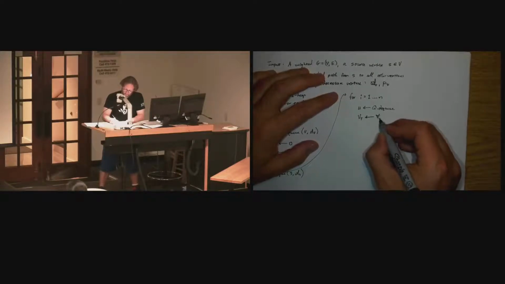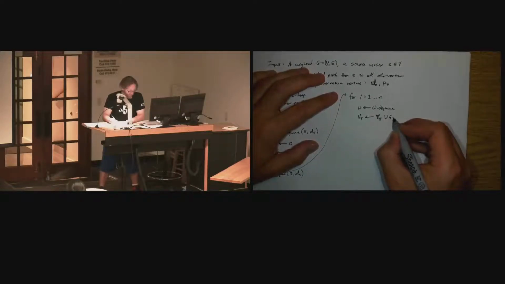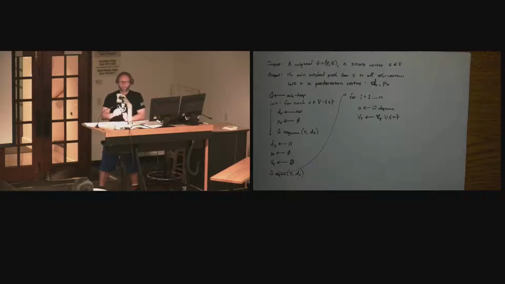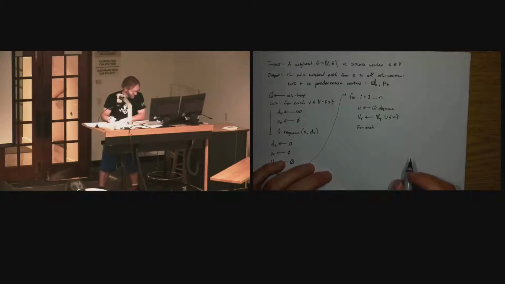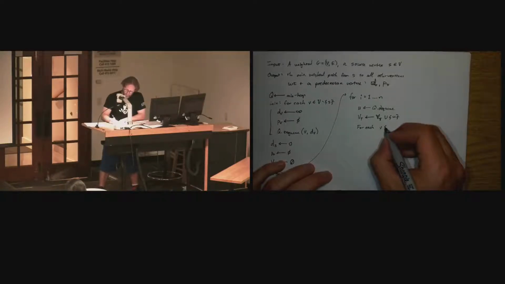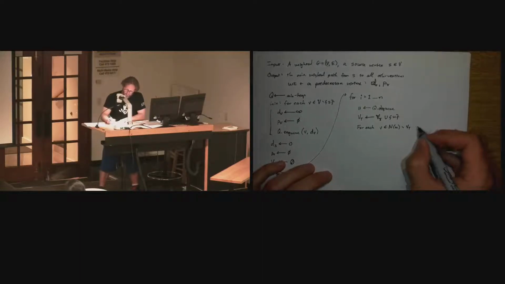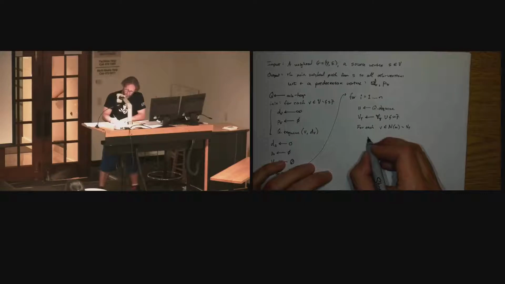V sub t union. Did I call it U? Yeah, I called it U. Right. And then what we need to do is we need to go through its neighborhood, and we need to look at everything that's still in the queue and update its priority. Right? So for each, call it V, in the neighborhood of U, without all the tree vertices, we'll go ahead and do the following.